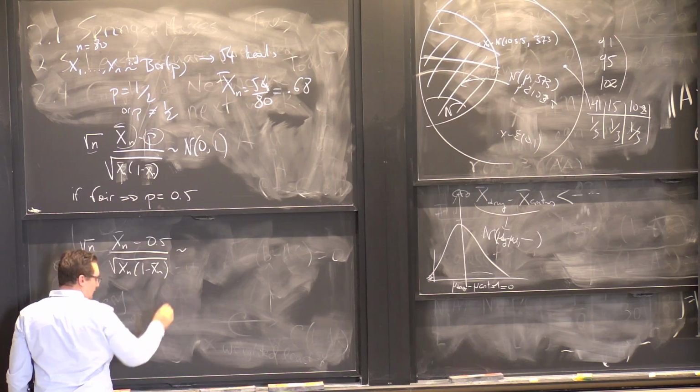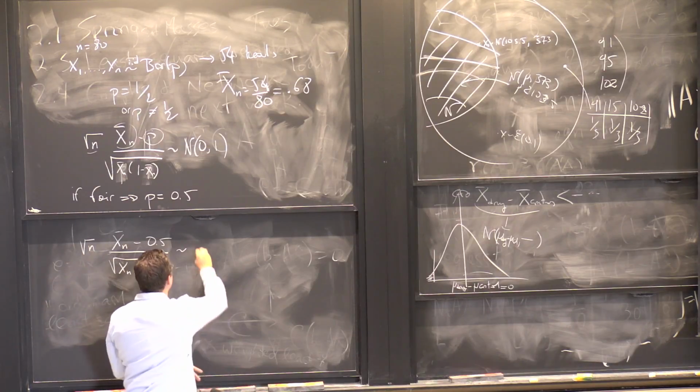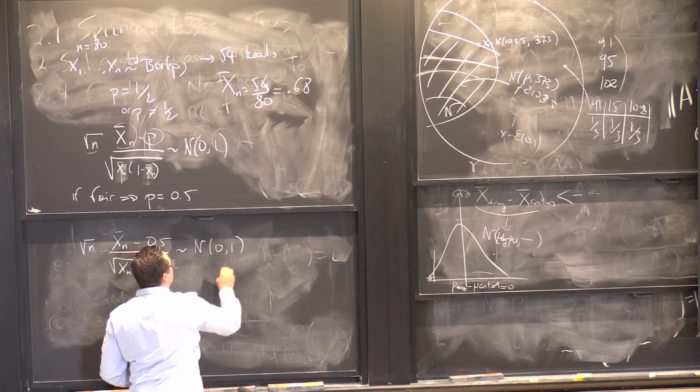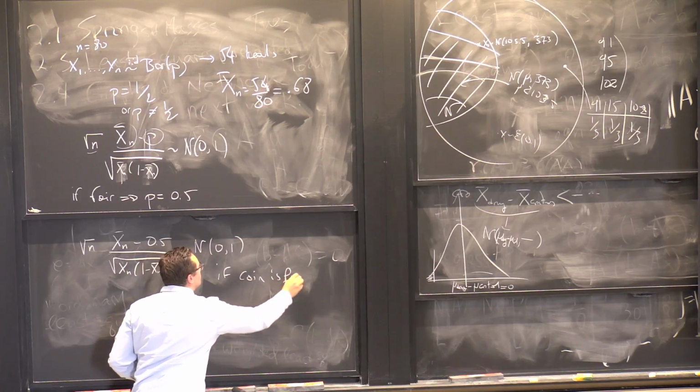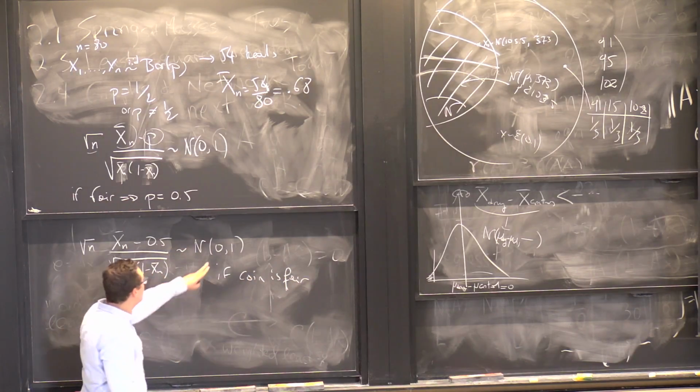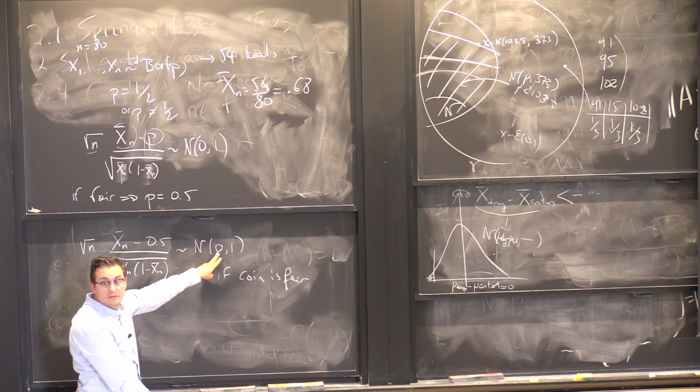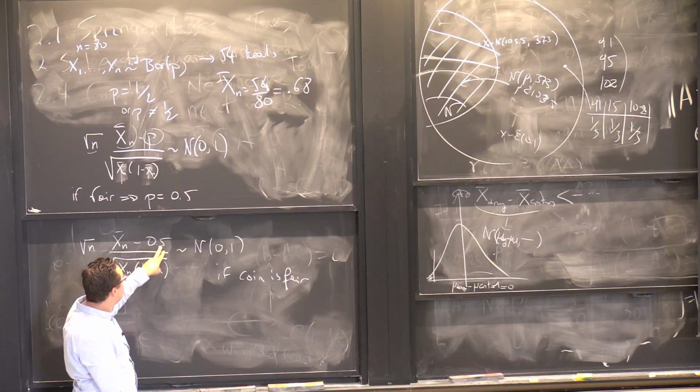Then this thing is approximately Gaussian, N(0,1), if the coin is fair. Otherwise, I'm going to have a mean which is not 0 here.